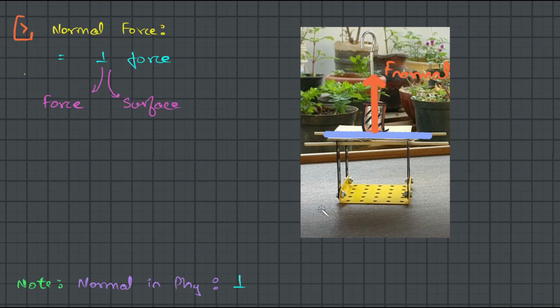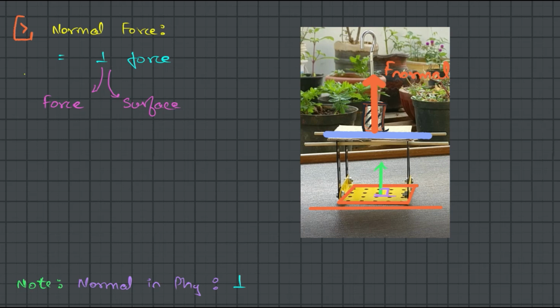If I consider this as the surface, this is the object. This object will be pushing this up. This will be the normal force. And you can see the angle is perpendicular. Right?